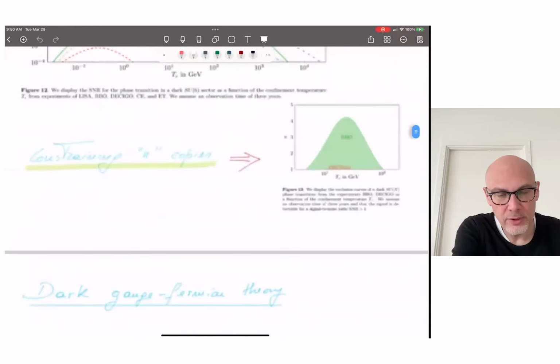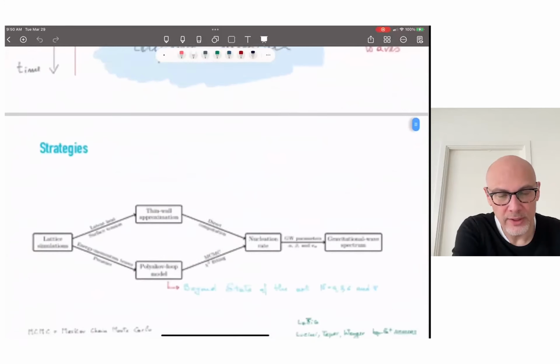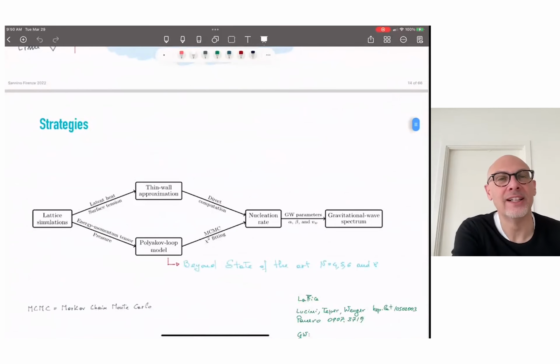Yeah, let me just go back to this little flow chart here. You can see what is needed. Basically, if you can: latent heat, surface tension, energy-momentum tensor, pressure, and in principle even the entropy. These are the five things that are most wanted for cosmology, but in general they're needed.